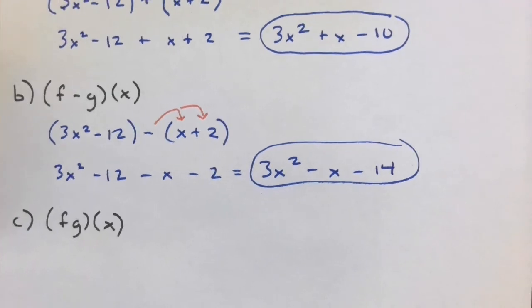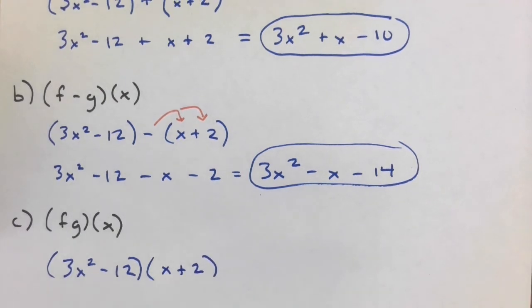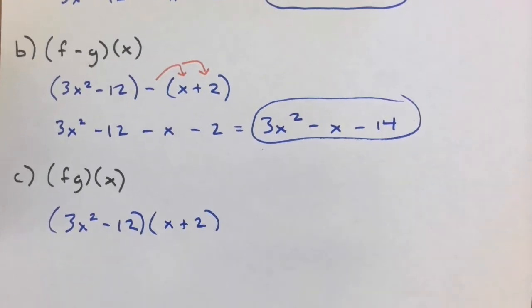If we are going to multiply function f and function g together, we would have 3x squared minus 12 times x plus 2. We have a binomial times a binomial, so either thinking of this as the distributive property twice or foiling. Take the 3x squared, multiply that by both of those terms.